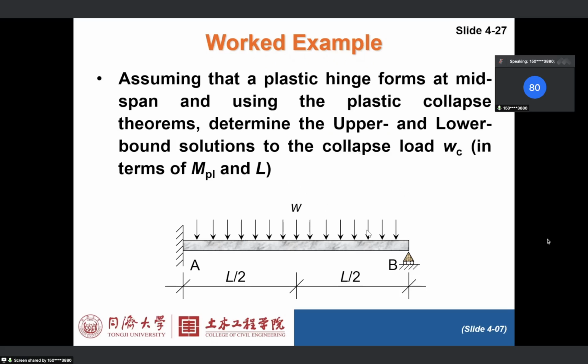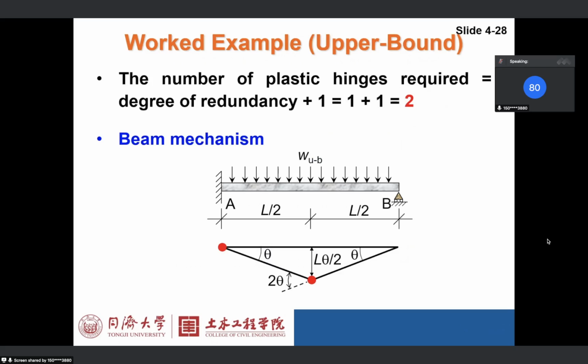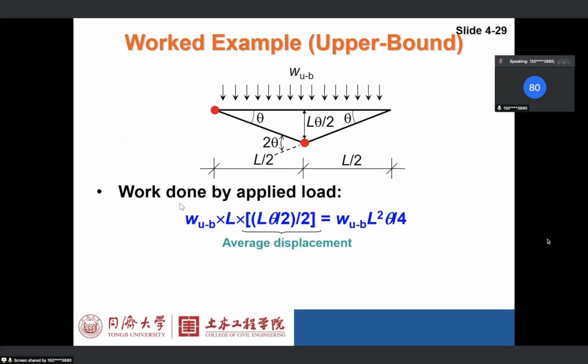Now it's a uniformly distributed load, UDL, so we call it WC. First of all, we have two plastic hinges, one here and one here, and then we use a kinematic analysis. It's very easy.